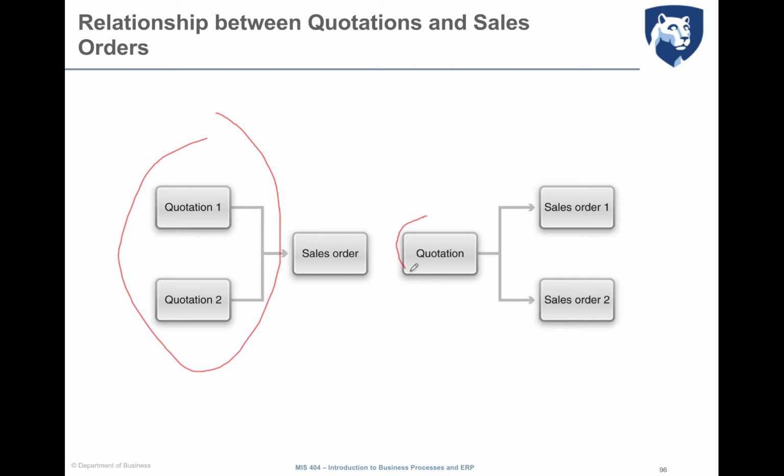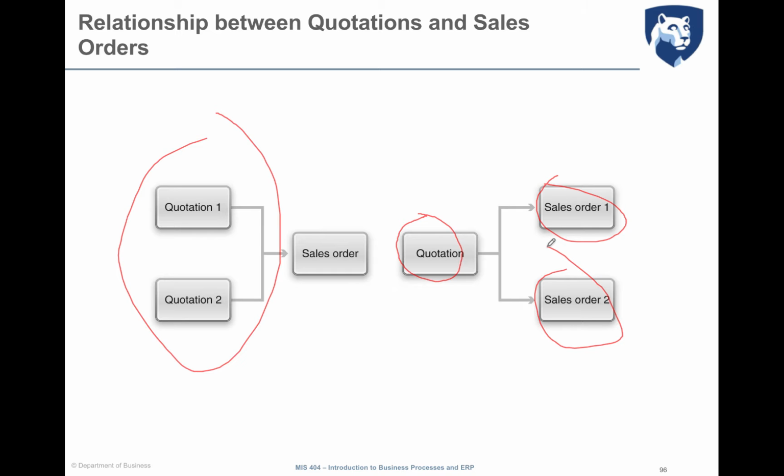Or one quotation, if for example it refers to very heterogeneous products, but the customer was asking for these products in the same document, can then be satisfied by two different sales orders. So this gives you also the idea of the complexity of this type of process.